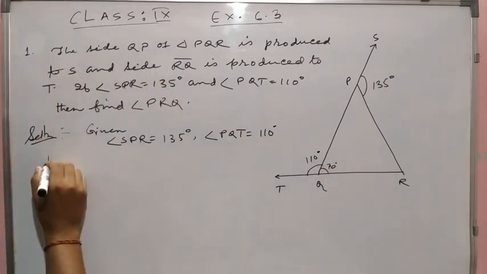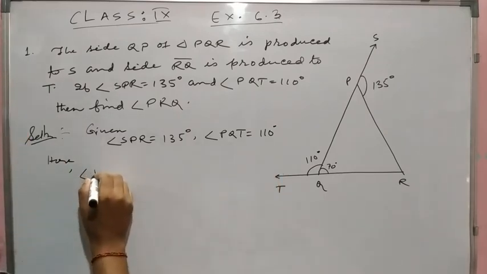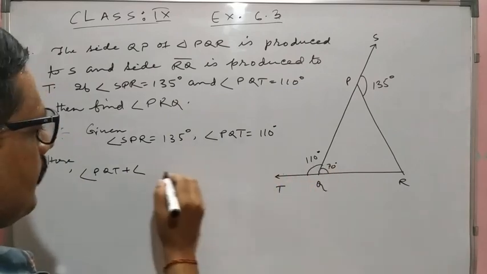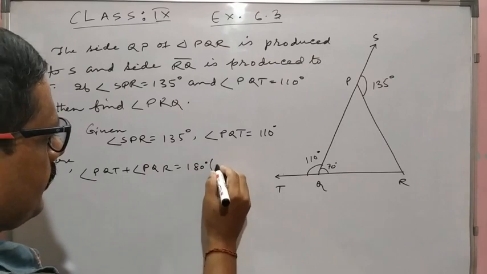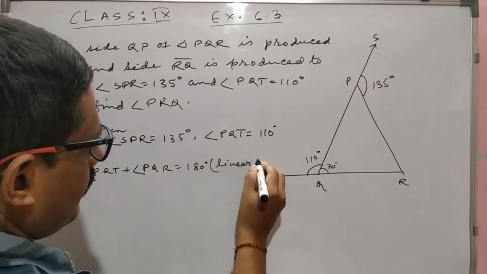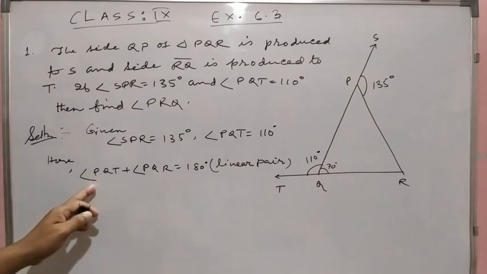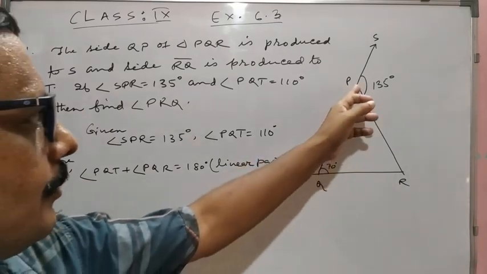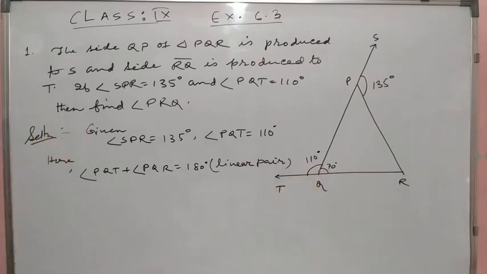So here angle PQT plus angle PQR equals 180 degrees, linear pair. Angle PQT plus angle PQR equals 180 degrees because they are a linear pair.